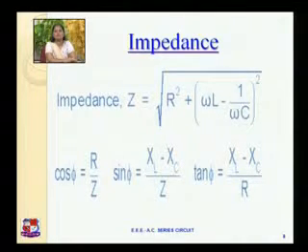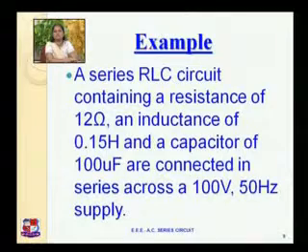Or you can write sin phi is equal to total X, which is XL minus XC, divided by Z, or tan phi is equal to X by R, where X is equal to XL minus XC. So using any of these three equations, you can find the phase angle of the impedance, and from the first equation you can find the magnitude of the impedance.